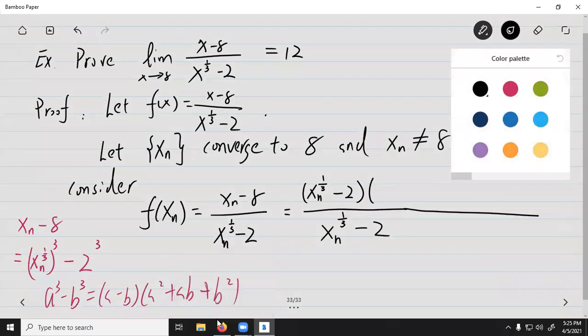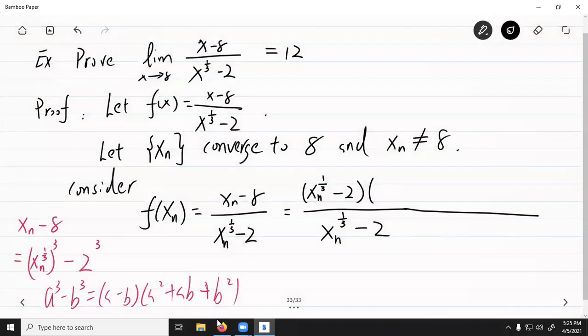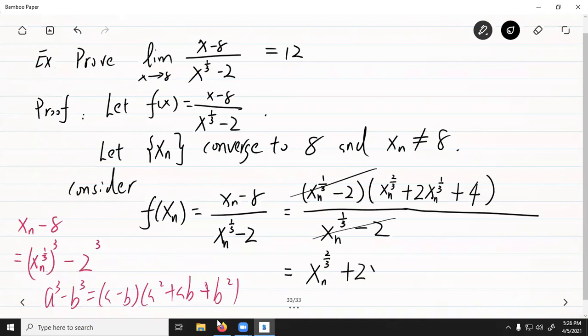So here it would be x_n^(2/3) plus 2 times x_n^(1/3) plus 4. What do we cancel out? You have x_n^(2/3) plus 2 times x_n^(1/3) plus 4.